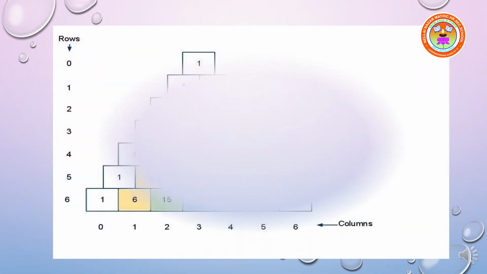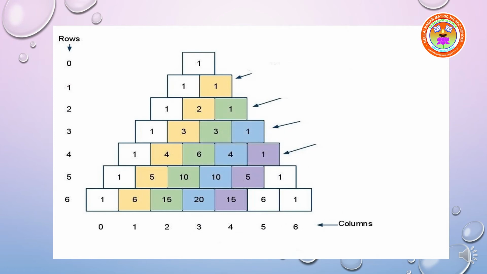Now let us take a look at Pascal's triangle. We start with the 0 row where 1 is there. The first row consists of 2 ones. The second row consists of 3 boxes and 1 at each end. The second box is got by adding 1 plus 1 in the first row.